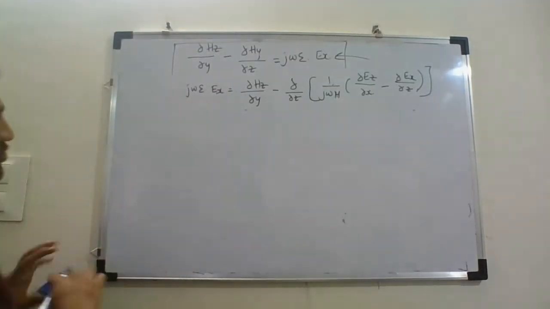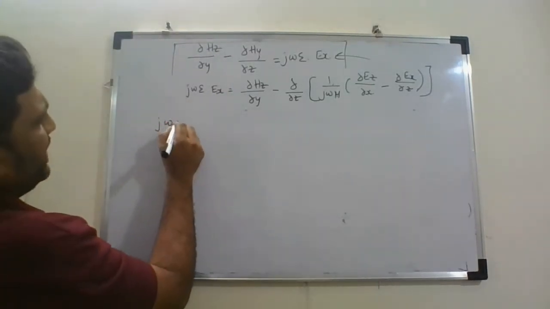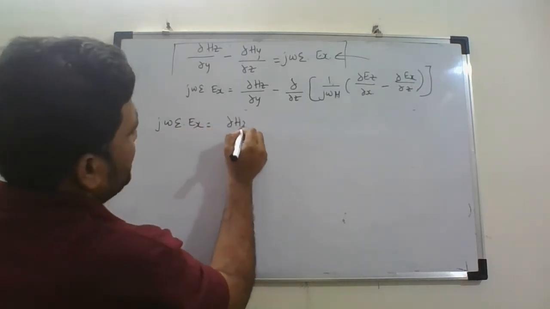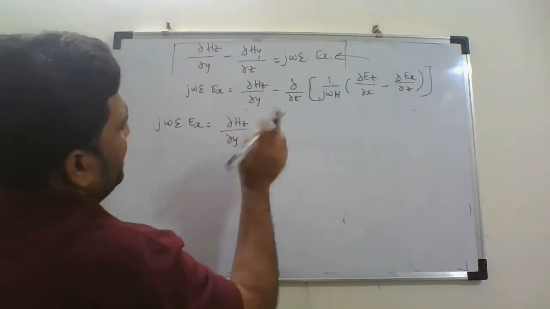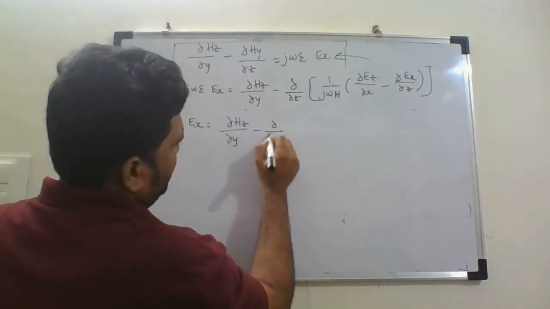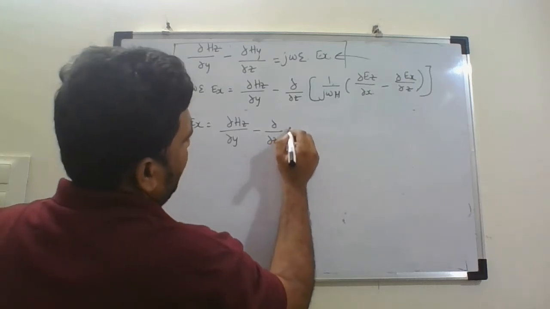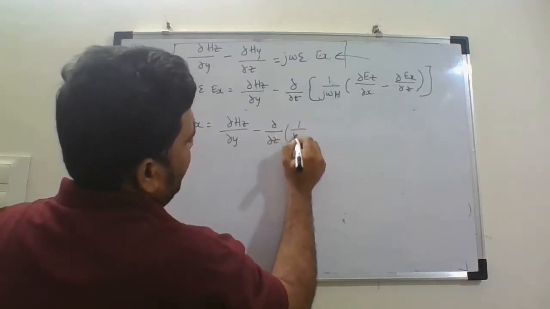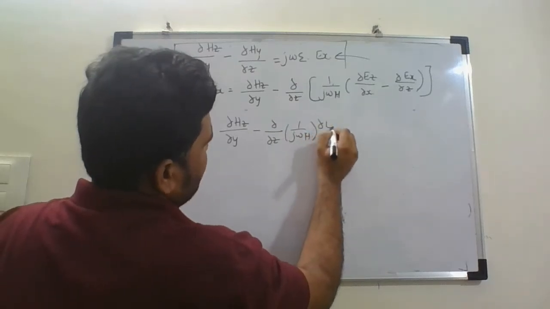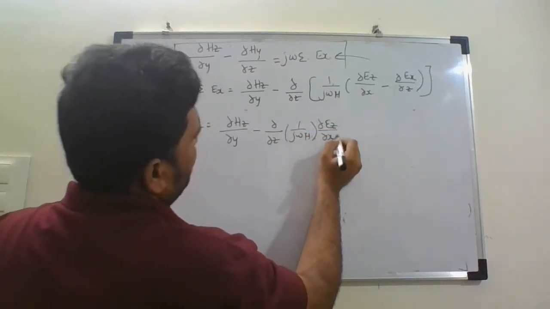Now jωε into Ex is equal to ∂Hz/∂y. The first term doesn't get any change. Now let us expand this. First, minus ∂/∂z of, into 1 by jωμ, into ∂Ez/∂x. This is the first term.